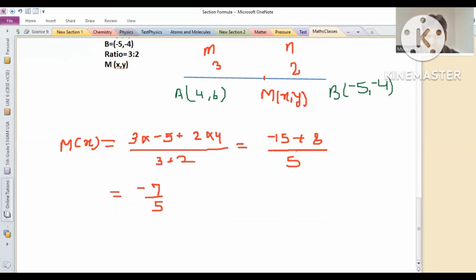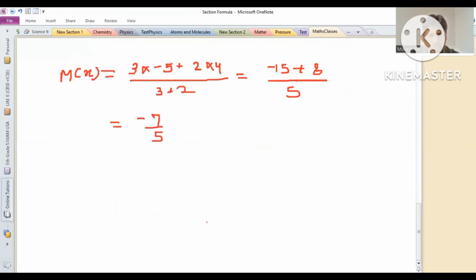Fine, friends. Now we will be solving the same equation. We will be using the same section formula with respect to y, and we will get the value for y also in this form. That is m multiplied by y2. What is the value of y2?